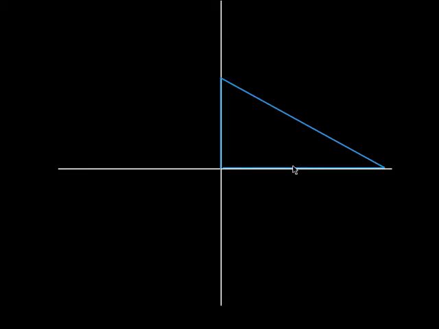We'll call it XYZ. It says the hypotenuse is YZ, so if this is Y, that's Z, and this will be X. Let's see if that works.